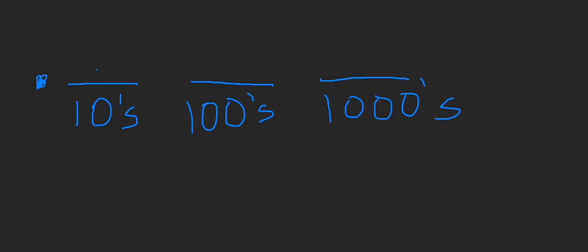Tienes que saber décimos, centésimos y milésimos. Ahora para la lección 9.3 y 9.2 y 9.1 solo vamos a estar trabajando con estos dos, los tenths and hundredths. Vamos a estar convirtiéndolos en fracciones o decimales.